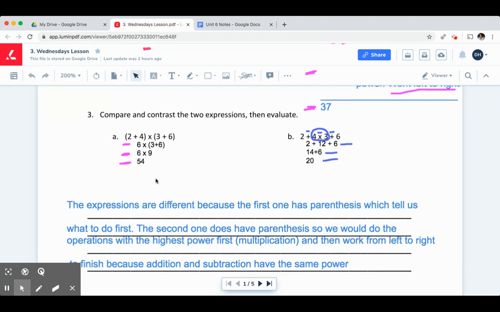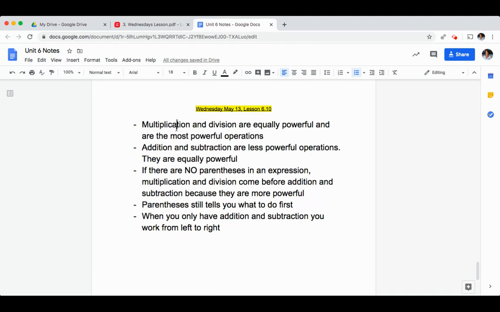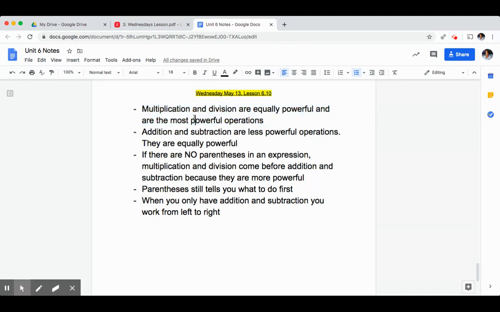So now we're going to take some notes on everything we've learned from our problem-solving task today. Today we learned that multiplication and division are equally powerful and are the most powerful operations. Addition and subtraction are less powerful operations, and they are equally powerful to each other.